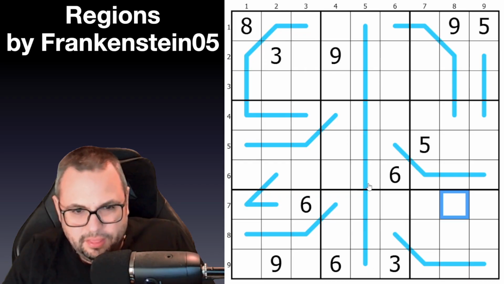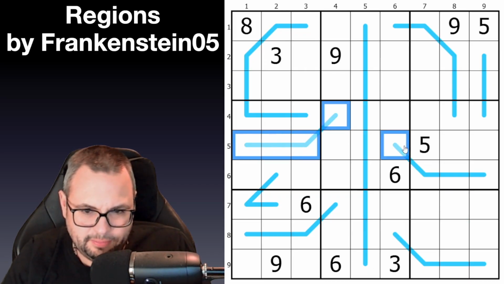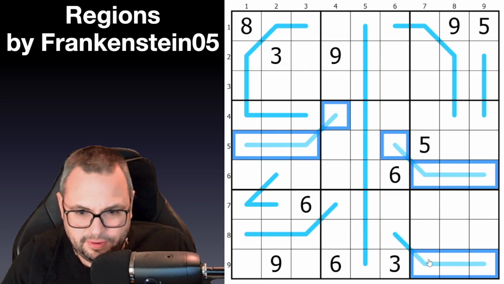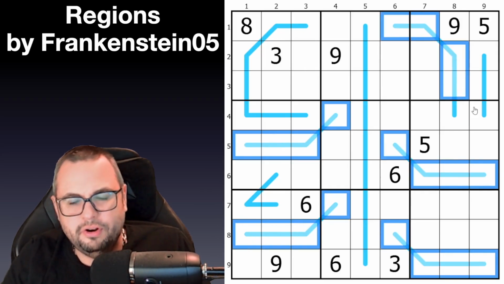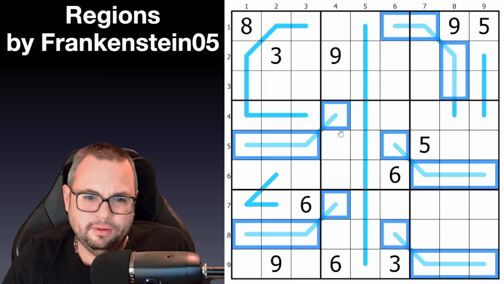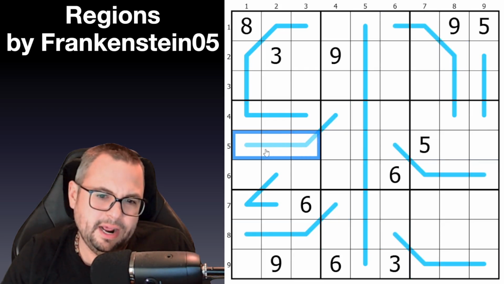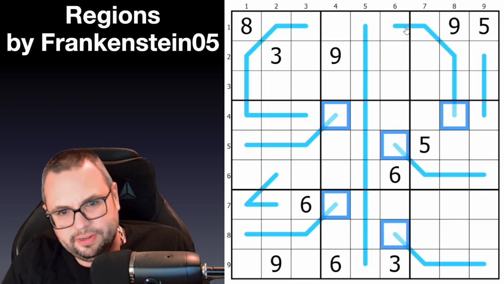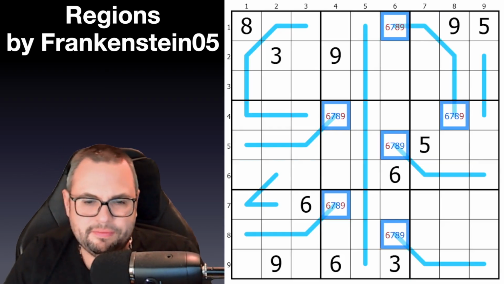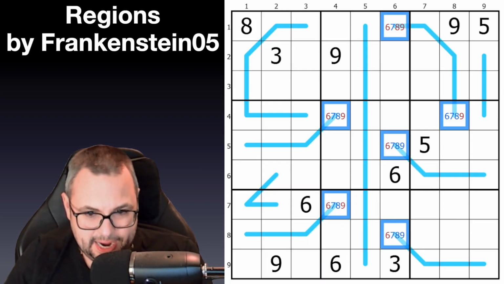So the first thing that strikes me is that I have all of these sort of could-have-been length 3 arrow cells, where the minimum sum you can get out of these would be 6. So all of these digits have to be from 6, 7, 8, 9.